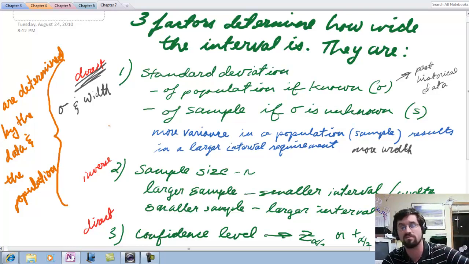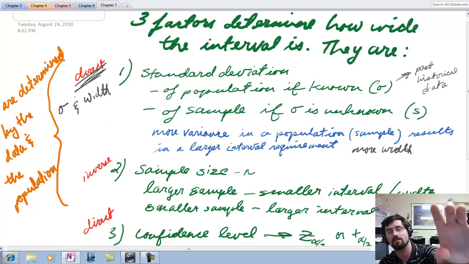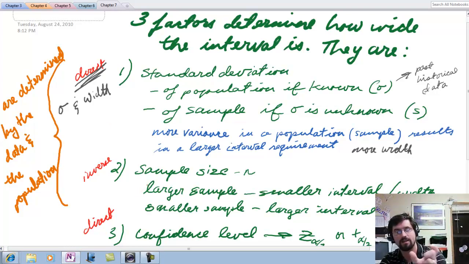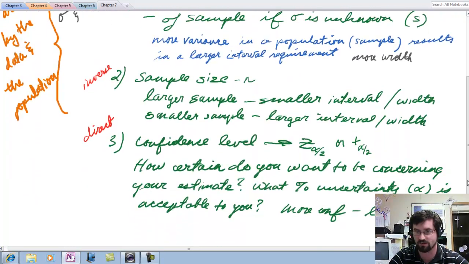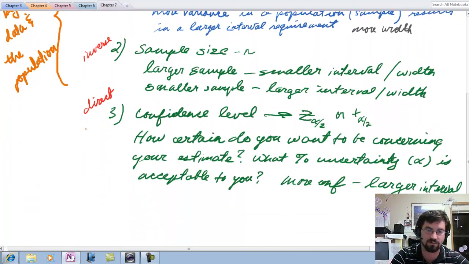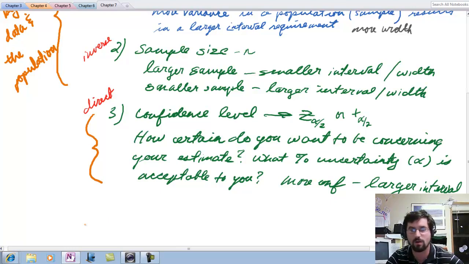Once I take the sample, the size is set, correct? So those factors are determined normally in a problem. But how I can vary the width, and the factor I do have control over, is this decision factor down here, and it's called the confidence level. Anytime I do one of these estimates, I get to decide how confident I want to be about my estimate.